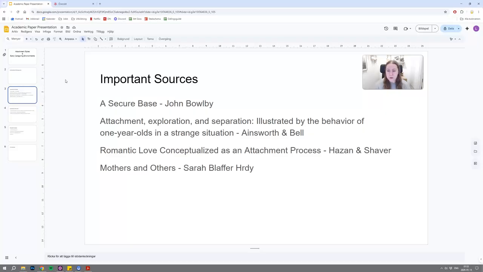And then I chose Romantic Love Conceptualized as an Attachment Process by Hazan and Shaver. So they based their research on the works of John Bowlby and Mary Ainsworth. And in that paper, they continue to explore, could this attachment theory about how children and infants behave towards parents, to caregivers, could that be translated into how adults behave in adult relationships?